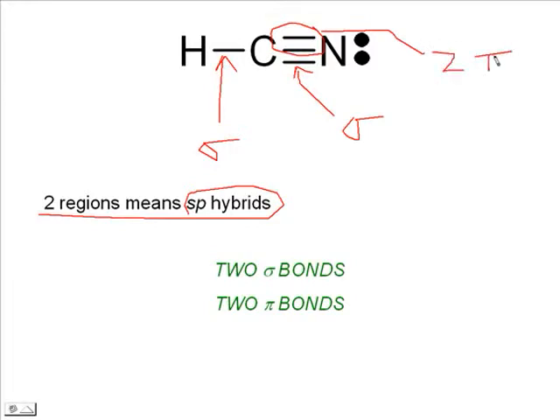That's going to be 2 pi bonds, because a triple bond is always going to be 1 sigma and 2 pi's. The sigma bond between the carbon and the nitrogen will be an overlap of hybrids. The pi bonds are again going to be overlaps for p orbitals. So I have a total of 2 sigma bonds and 2 pi bonds.